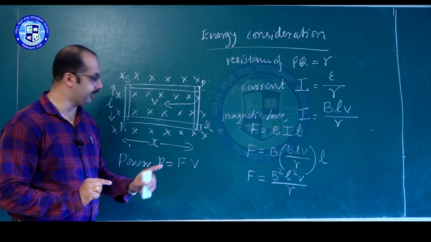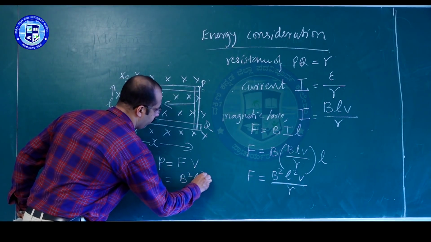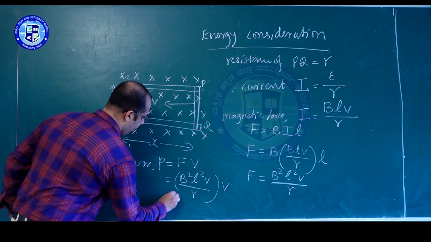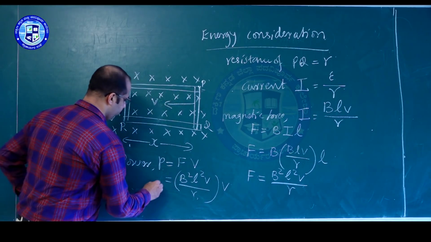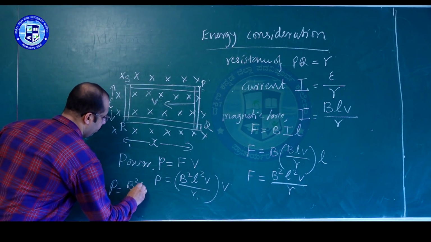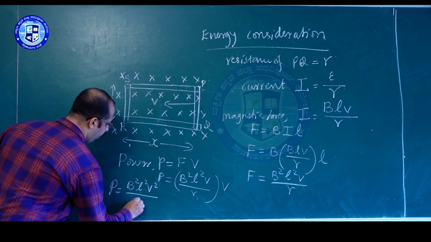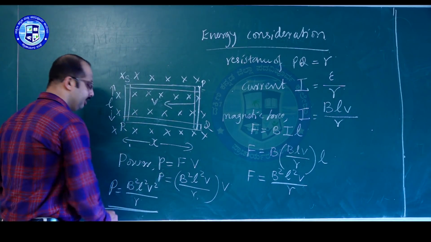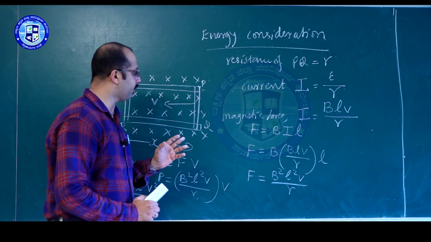F is nothing but B square L square V divided by R, into V. So P is equal to B square L square V square divided by R. This is the expression for the power dissipation. So here, what happens?